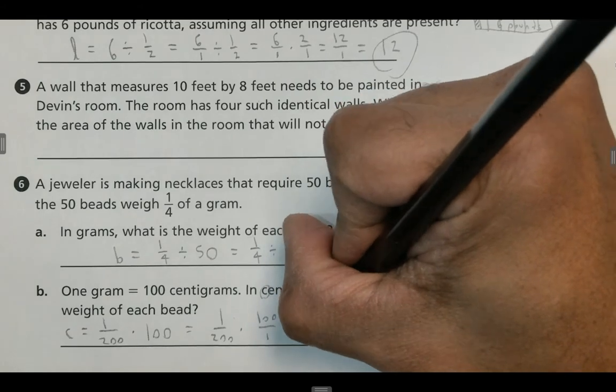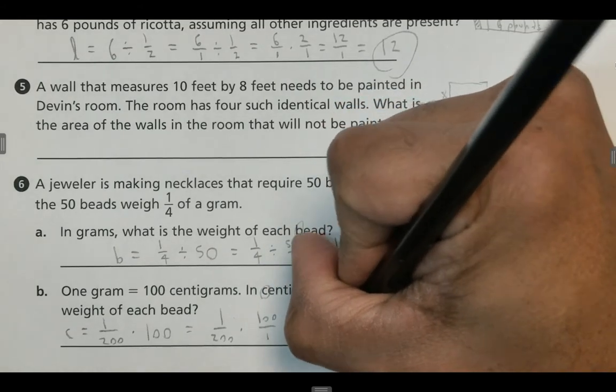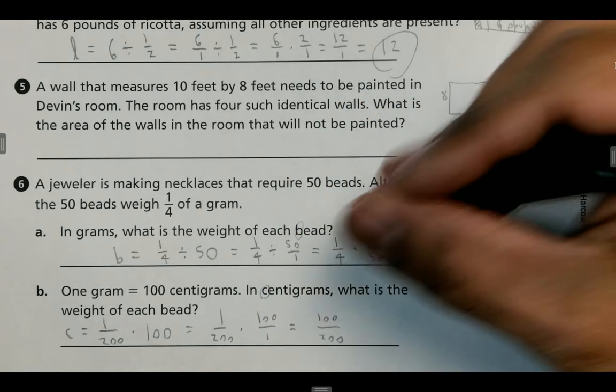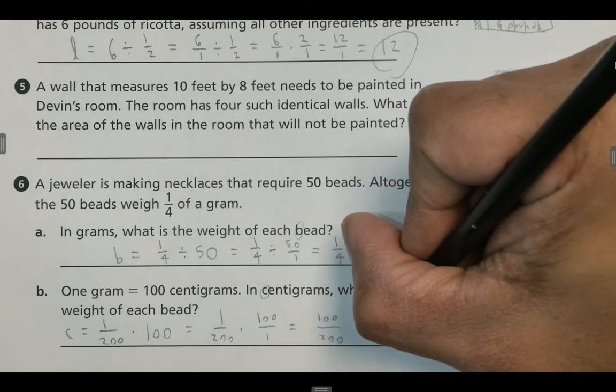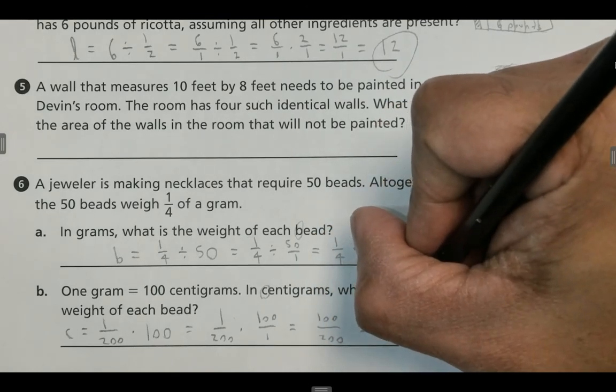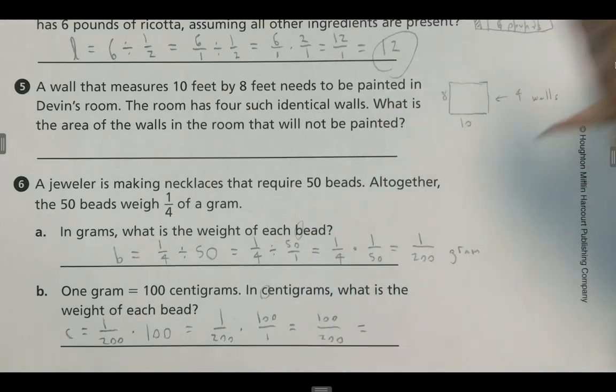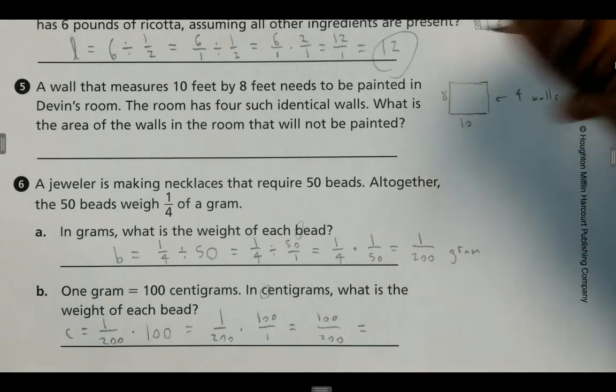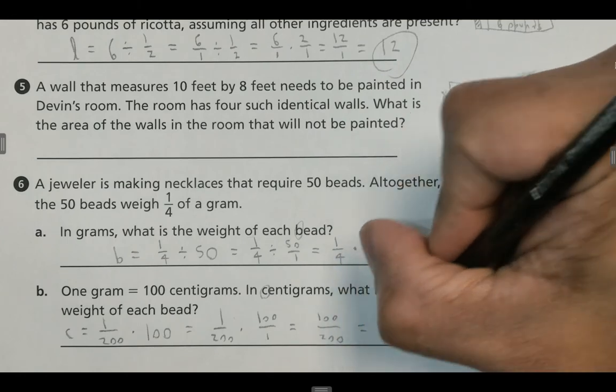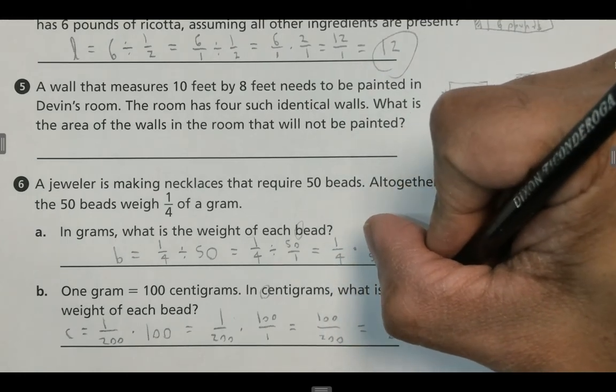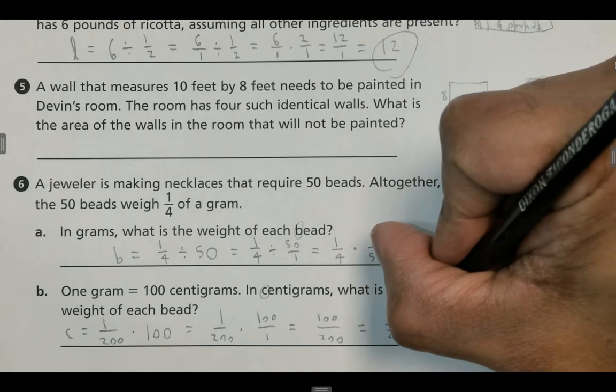Let's multiply the top. Let's multiply the bottom. And let's simplify our answer. 1 gram equals 100 centigrams. I think half.